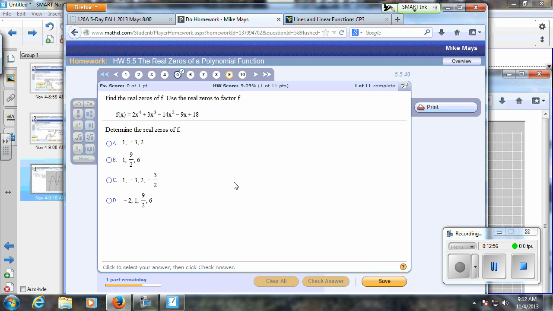So let me write f of x as 2x to the 4th plus 3x cubed minus 14x squared minus 9x plus 18. Degree 4 equation has 5 coefficients. And I know it has x minus 1 as a factor because 1 shows up on all those answers.